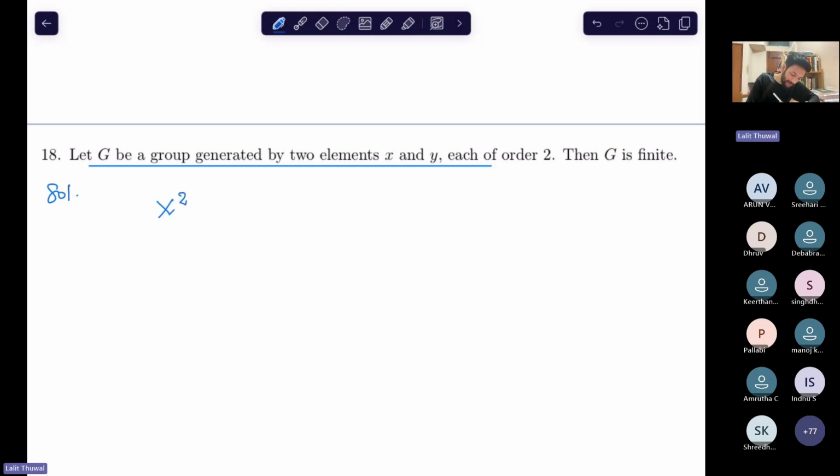So you have 2 elements. G is something like this, X and Y, and X and Y satisfy this, right? Do we need G to be finite? No, because in the case of abelian, will it be finite? Suppose that G is abelian. If it is given that G is abelian, what do you think about G then? It is finite. If G is abelian, then it must be finite.